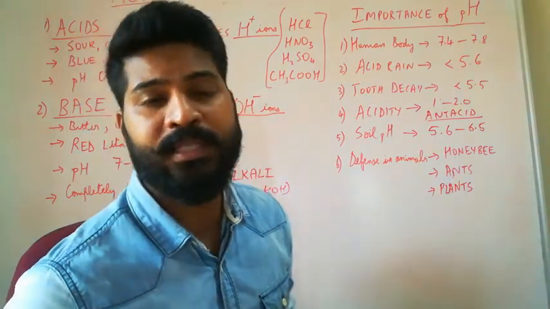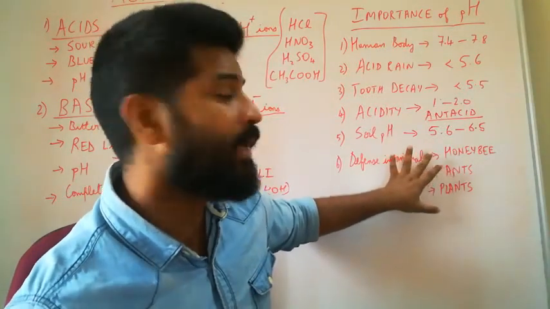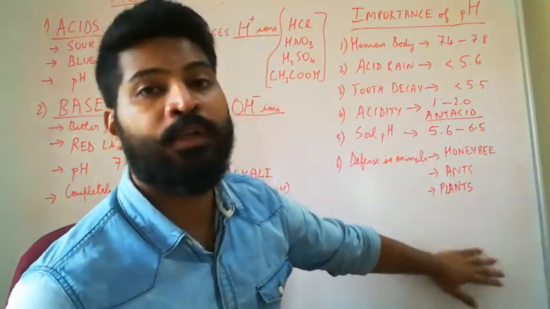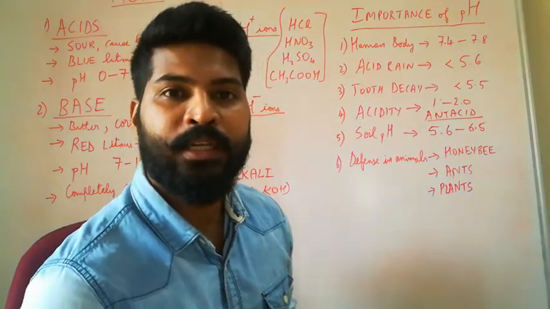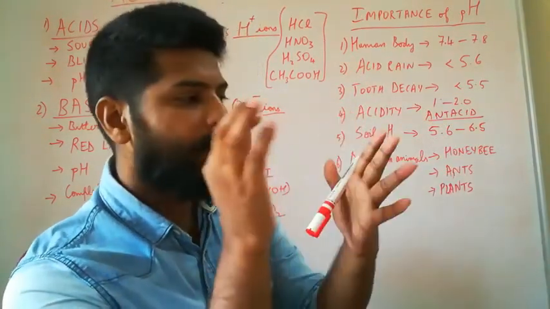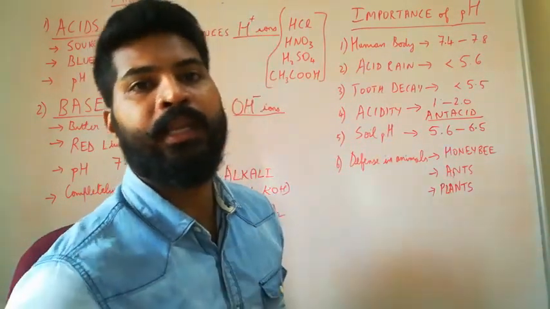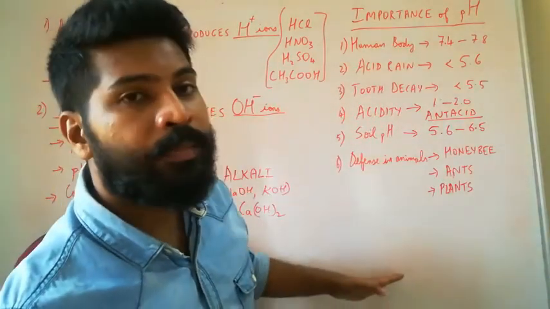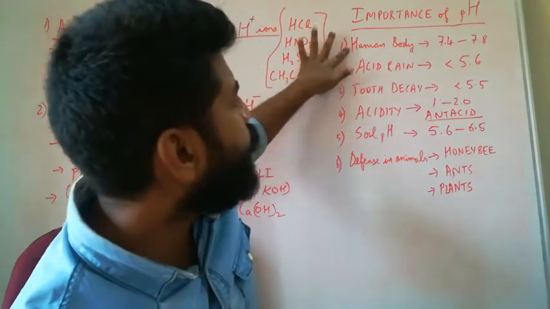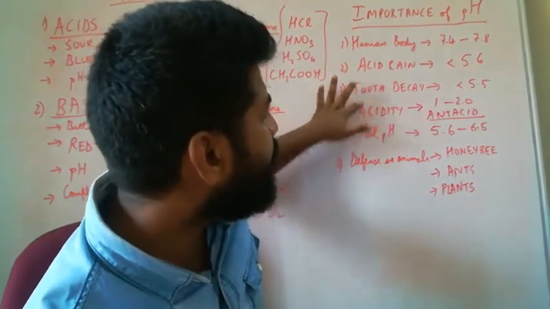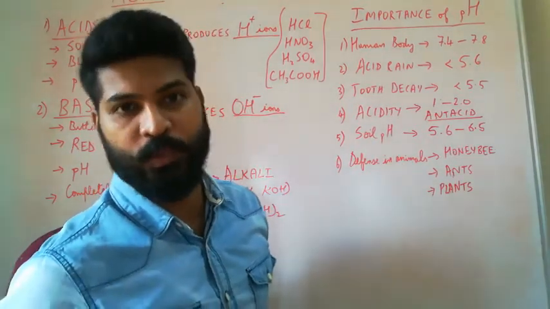There are different types of acid which cause the stinging pain sensation. So that is a defense mechanism. Even certain plants called nettle plants also produce methanoic acid. So accidentally if you touch these plants, this will sting your skin because of the acid present in them. So as you can see, pH plays a very important role in the life of human beings as well as to plants and other animals also.